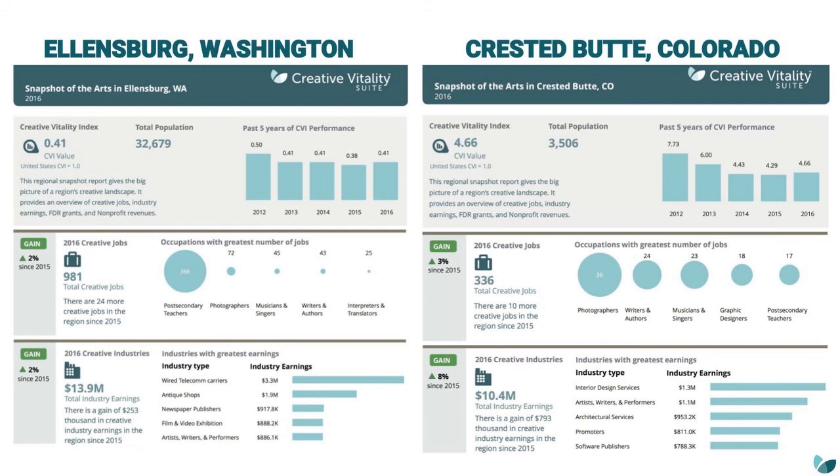So the CVSuite allows us to show trends in job and revenue growth, as I mentioned before, over that period of time. But in addition to the data, there is an important quality of life conversation about interesting places to live and work. A thriving creative district includes unique restaurants, coffee shops, entertainment, and places where the community can gather, which creates a greater sense of community.